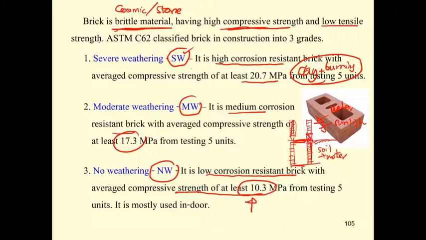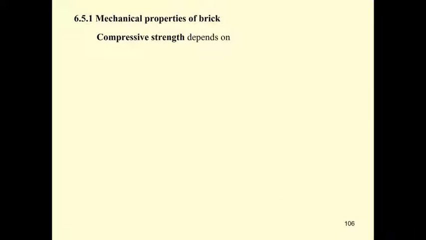If your wall is up from the soil, but it's outside the building, you may use the MW grade brick. And if you use this inside, where it has no weathering, no harsh or severe environment, you may use the NW grade brick.